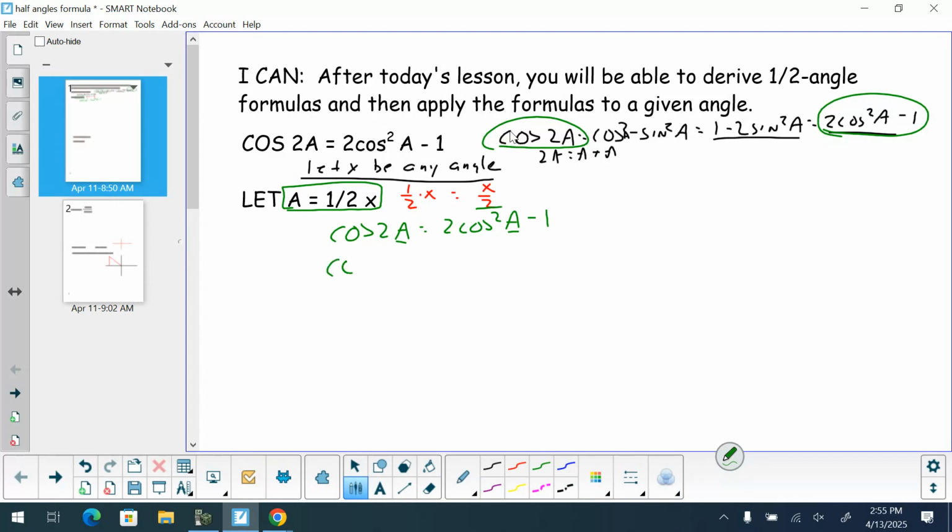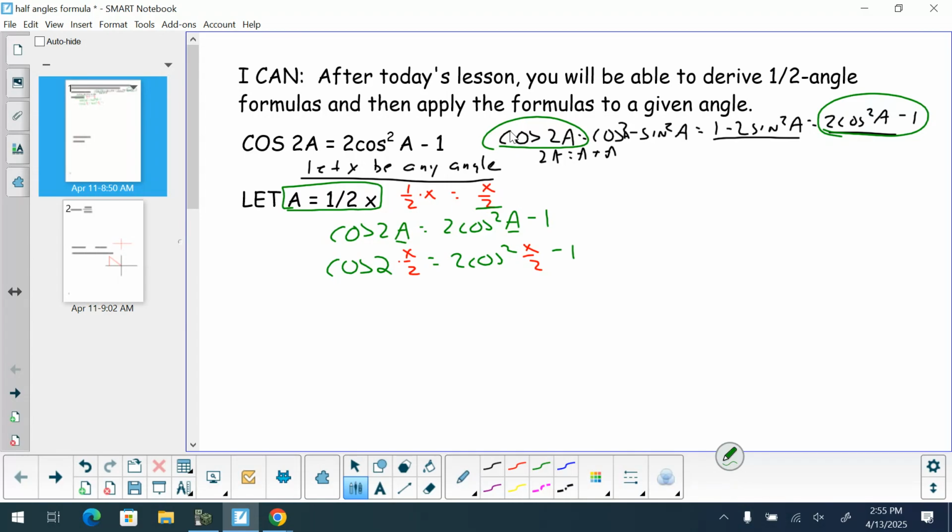So we have the cosine of 2 times x over 2 is equal to 2 cosine squared x over 2 minus 1. Wherever I saw an a, I'm just putting in half x or x over 2.